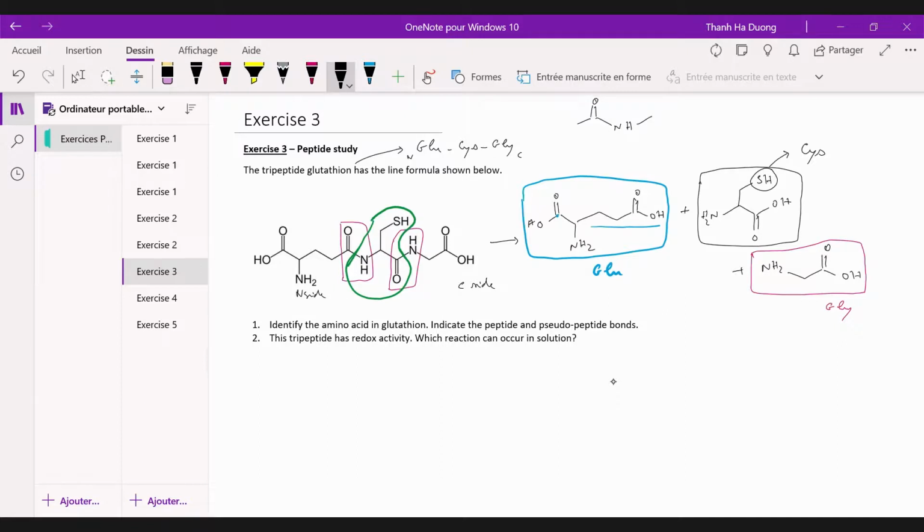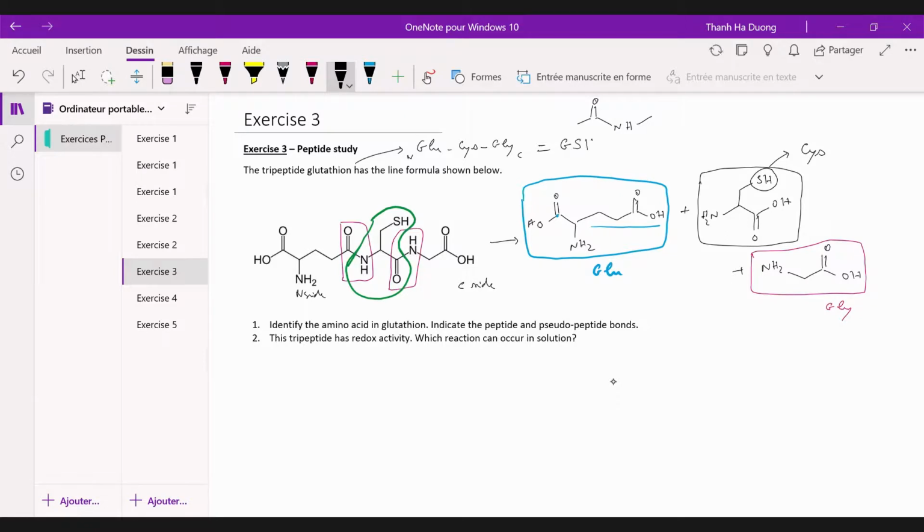So this tripeptide has redox activity. This is why you have a lot in mitochondria. Indeed, because you have cysteine groups, it can form a disulfide bridge.